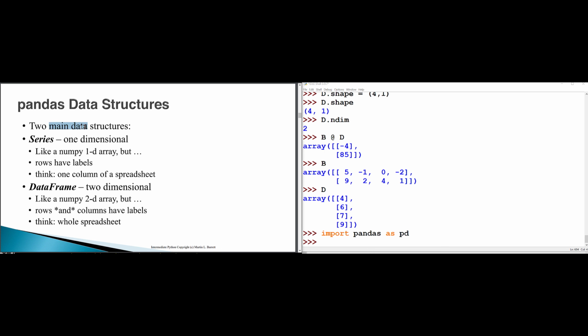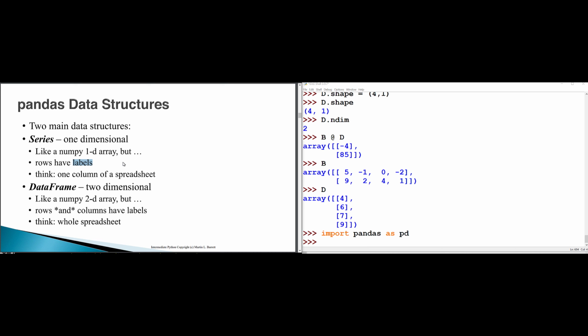There are two primary data structures for Pandas. The one-dimensional data structure, which is somewhat analogous to the ndarray vector, is called a series. And the distinction, really, between a one-dimensional ndarray in NumPy, versus a Pandas series is that each row has a label associated with it.